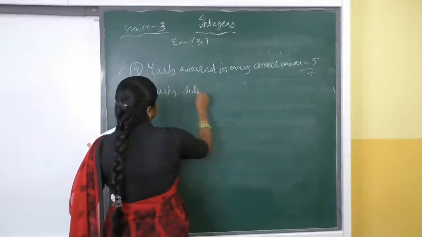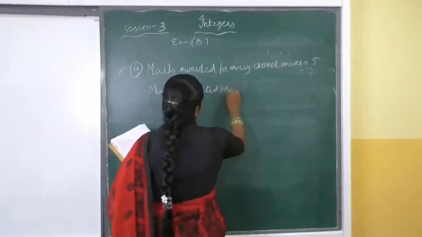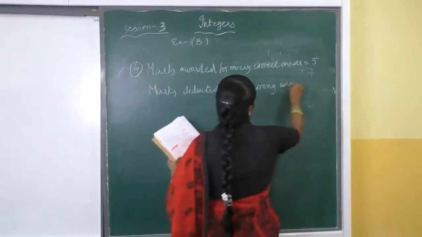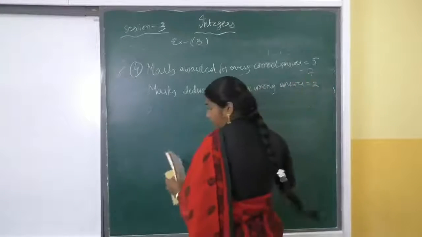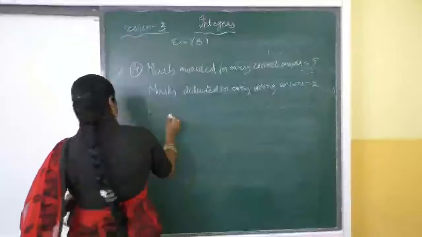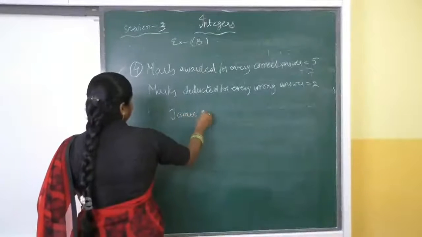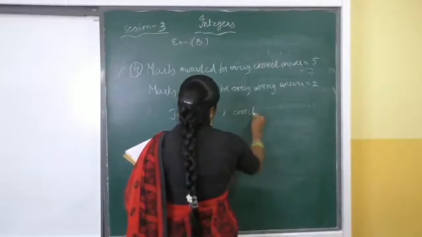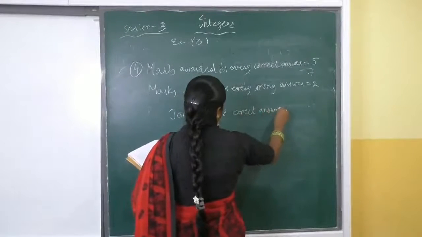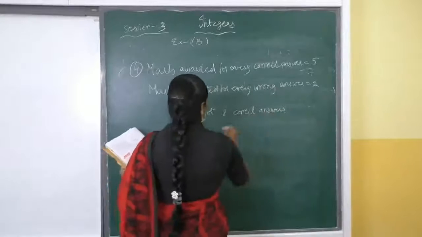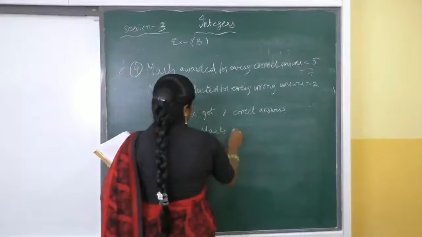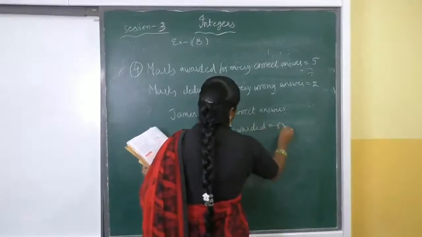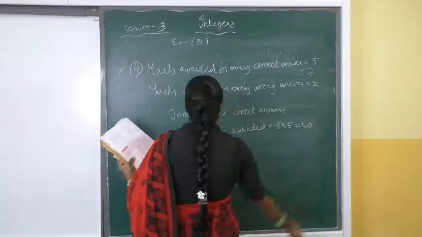Marks deducted for every wrong answer is equal to 2. Here James got 8 correct answers. Marks awarded is equal to 8 into 5, which is equal to 40.